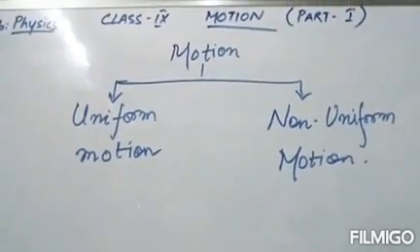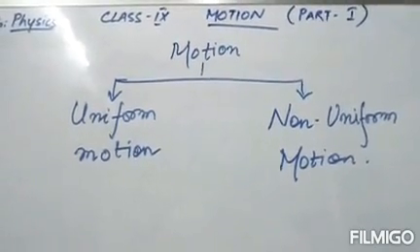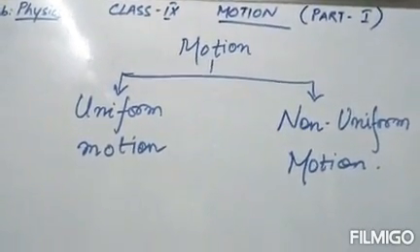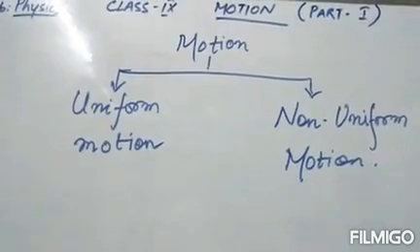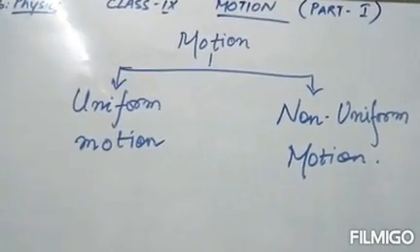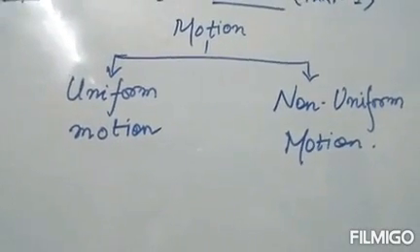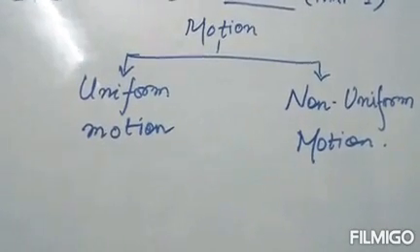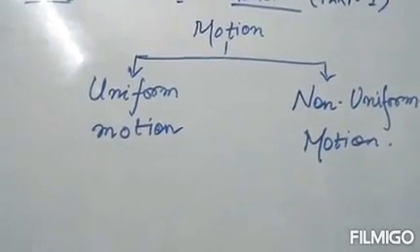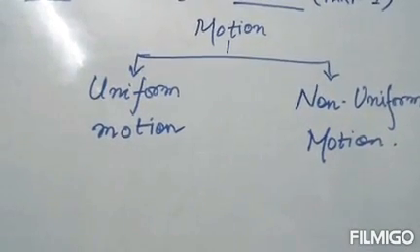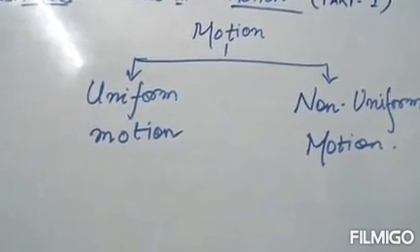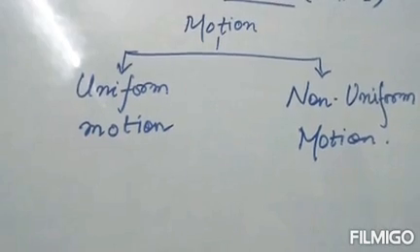Now what is the meaning of uniform and non-uniform? It's not the uniform that you are wearing to school, that is also known as uniform, but here uniform means it will cover the same distance, there will be no change in speed.